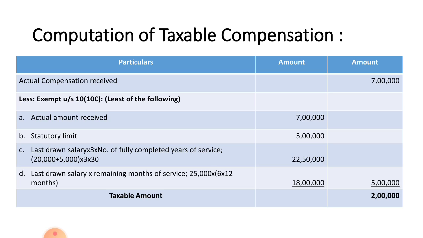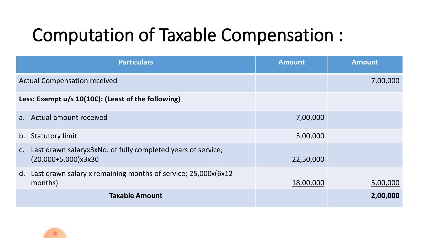Next one, last drawn salary into 3 into number of fully completed years of service. Here last drawn salary amounts to 25,000, that is 20,000 basic and 5,000 of DA, into 3, that is 3 months salary. I explained this thing while explaining the theory part.